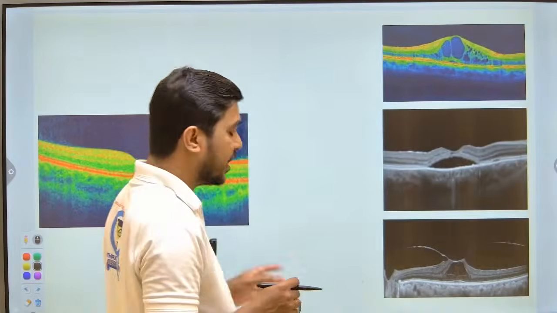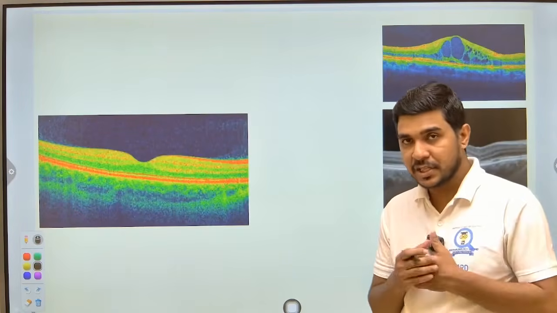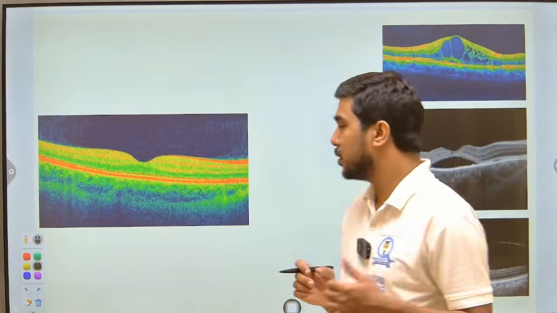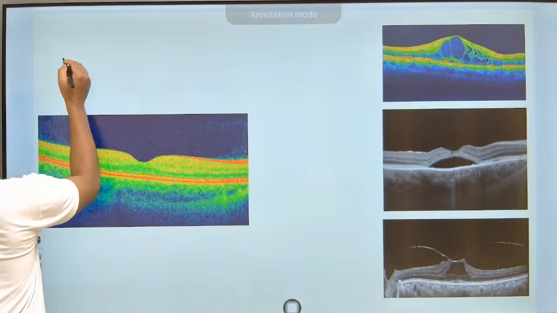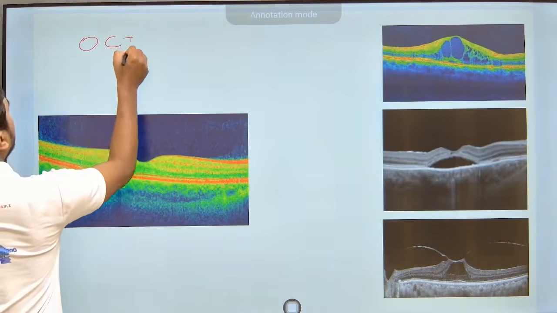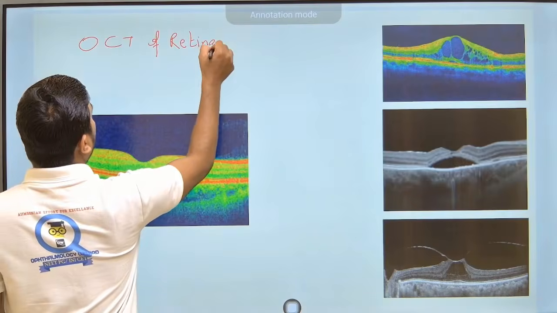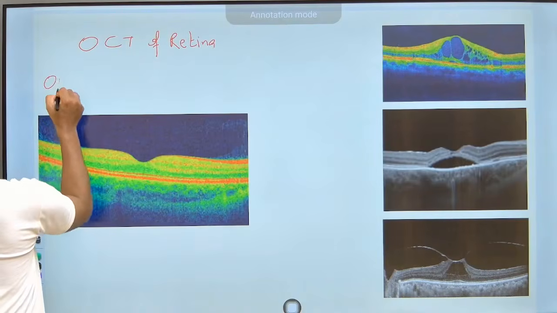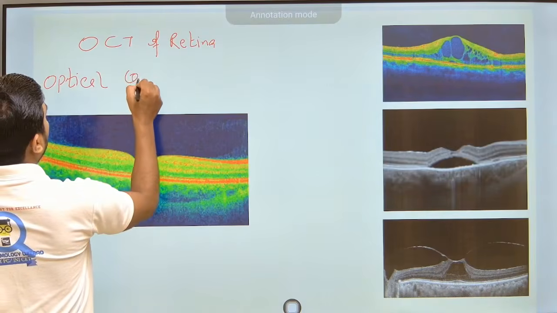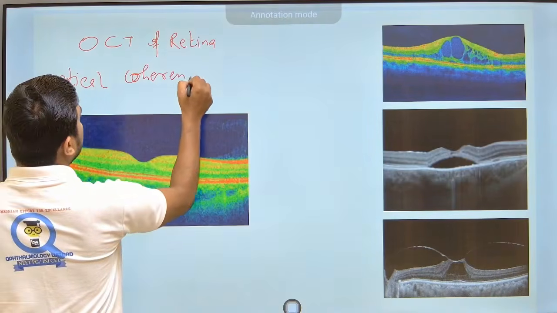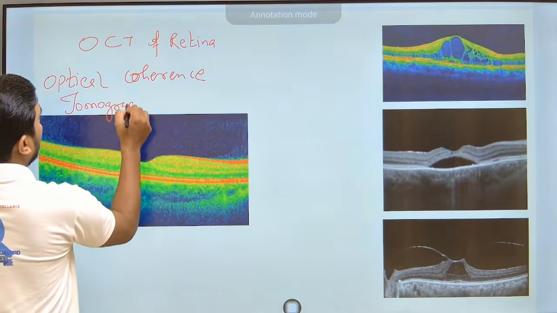What is this investigation? This is an important MCQ of last year's INICET. This is nothing but an OCT of the retina. OCT is optical coherence tomography.